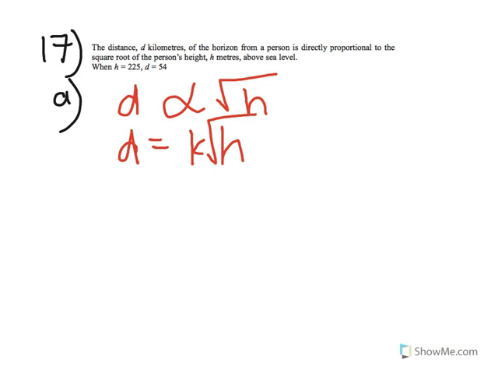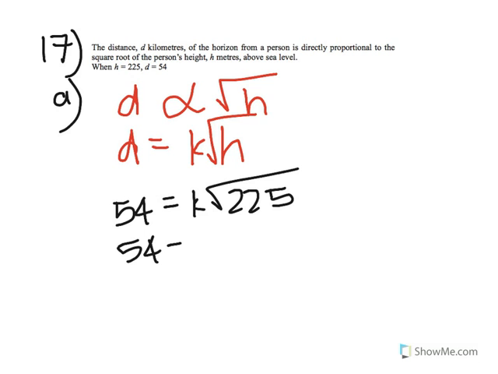So they're telling you that when h is 225, d is equal to 54. So just substitute those values in and you can find the value of k. So 54 is equal to k times square root of 225. Square root of 225 is nothing but 15, so it's nothing but k times 15.